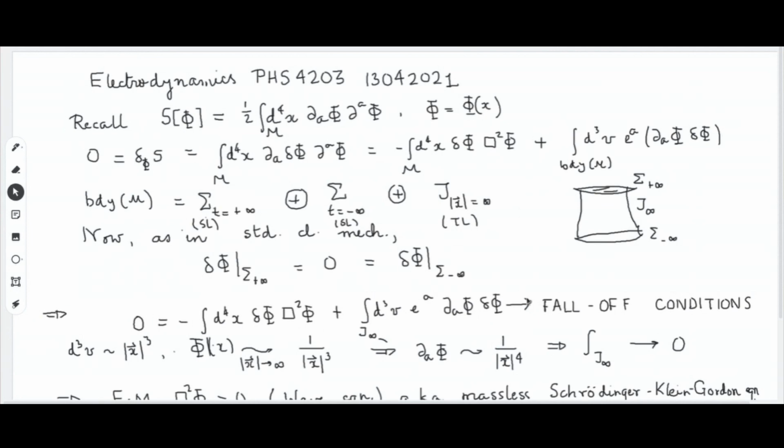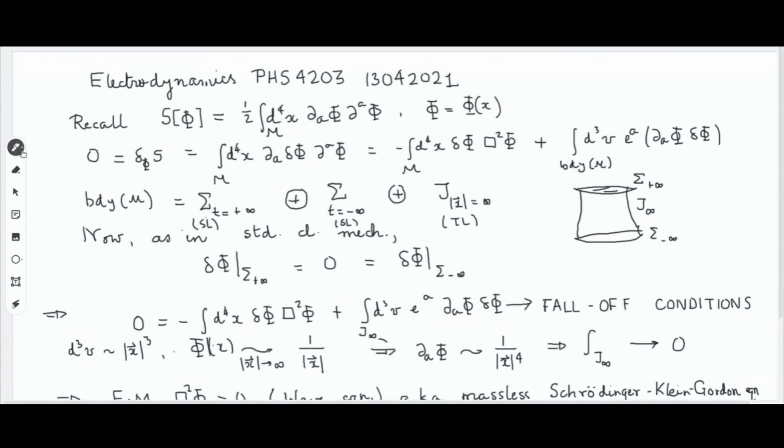Because this is a time-like hypersurface in space-time, it involves a volume of integration. Therefore, we have to ensure that these things fall off sufficiently rapidly. You can see that this goes as mod x cubed, let us say. Therefore, it is adequate that phi of x, and delta phi, fall at the same rate. In fact, this need not be so fast. It is enough that this is square.